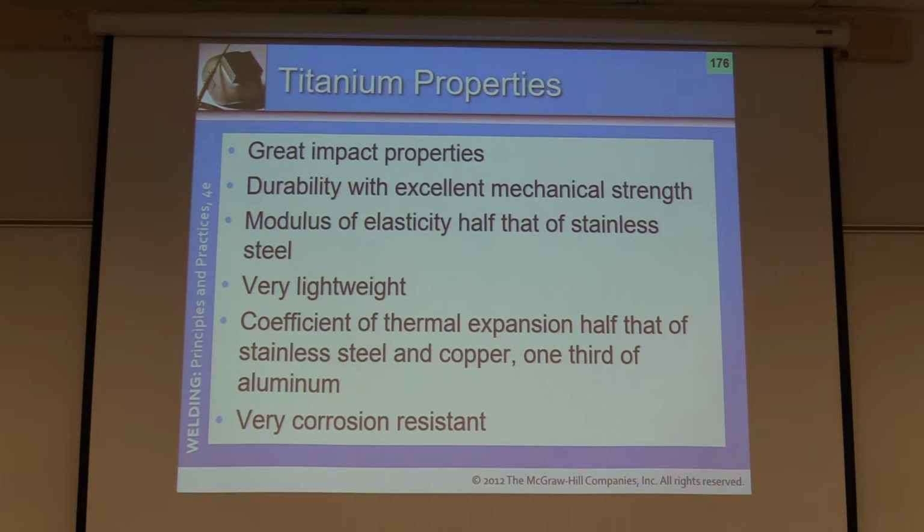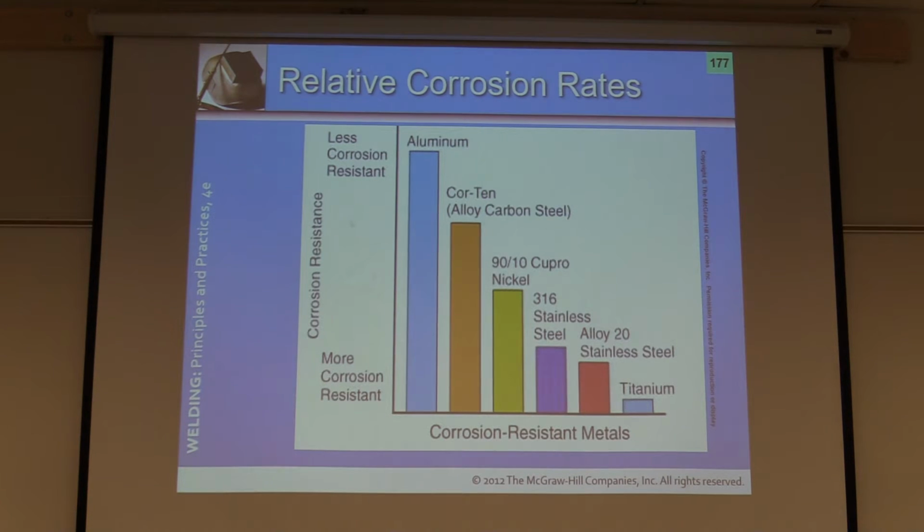Great impact properties. Modulus of elasticity is half that of stainless steel. Just a really good material, but fairly expensive as well. Here's a good example: the corrosion rates in comparison.